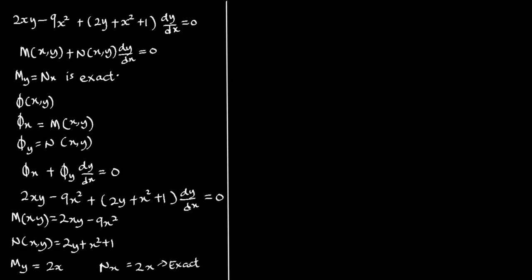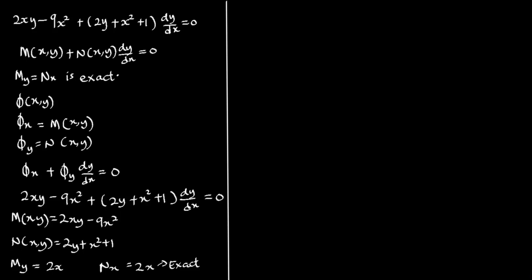Since the differential equation is exact, it means that there is a certain function phi of (x,y) that when we differentiate with respect to x, we get M(x,y), and when we differentiate with respect to y, we get N(x,y). That function is what we want to find now, and that will be the solution to this differential equation.